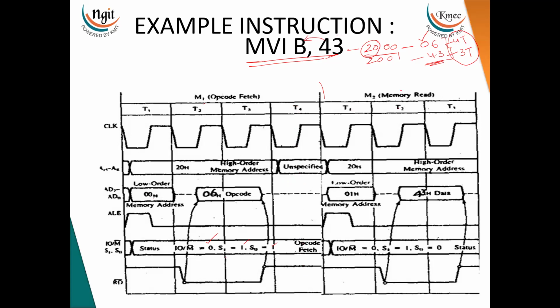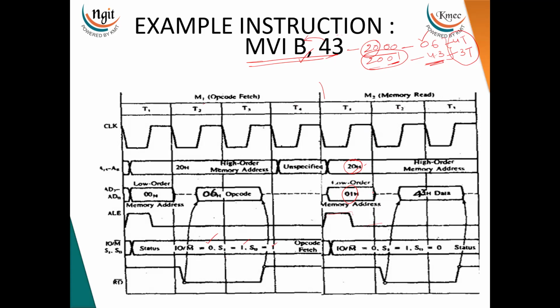After decoding, the microprocessor understands that immediately in the next location the operand is there, which should be loaded into the register B. For that it will place the higher order address on the higher order bus, and 01. The next location is 01, placed on the lower order address bus, and again ALE is enabled because here the address is being accessed. After that it is disabled for the first clock pulse.